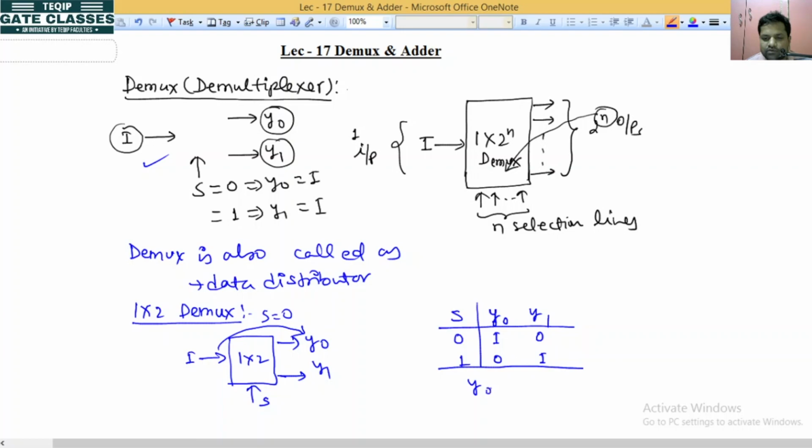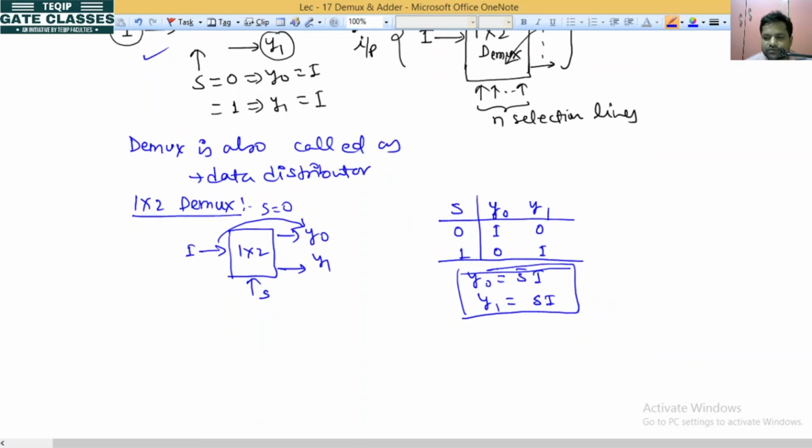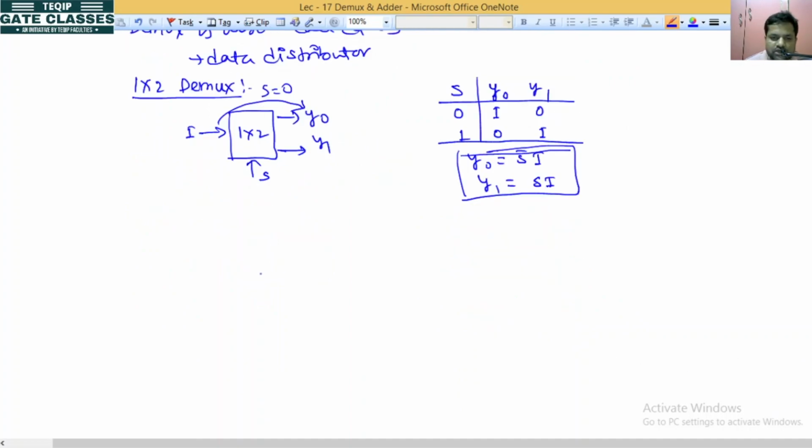If you want to write y0, it will be S bar I. Similarly, y1 is SI. These are the two outputs of the demux. If you want to implement it with a circuit diagram, then you can do it.